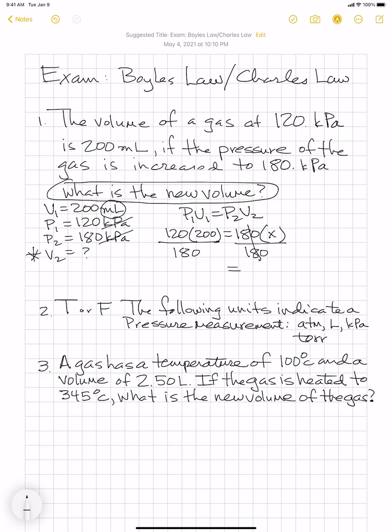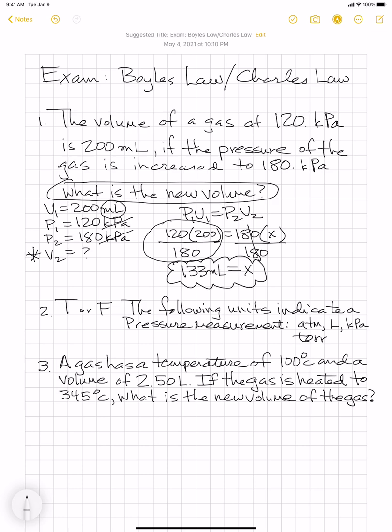That's canceled out. All right, and then when you do this math here, this should be fairly straightforward for you. This math right here is not something I would consider challenging for a high school student. Just remember to do the order of operations, which means to multiply 120 times 200 first, get an answer, and then divide that answer by 180, and what you should get is 133 milliliters.